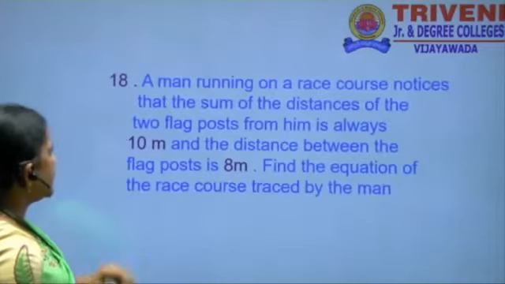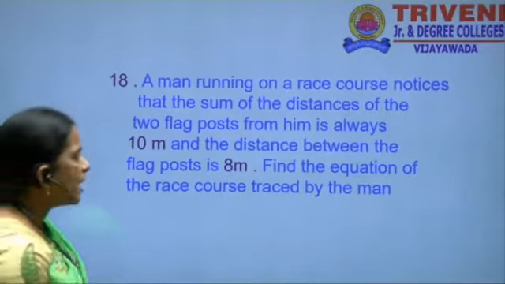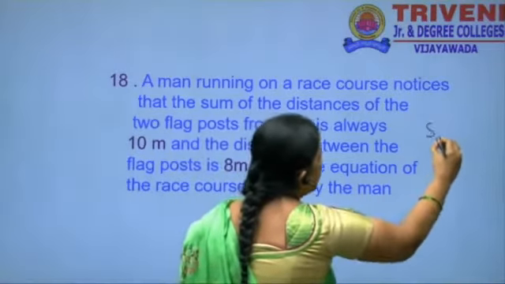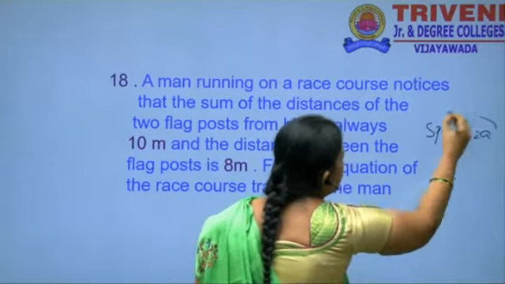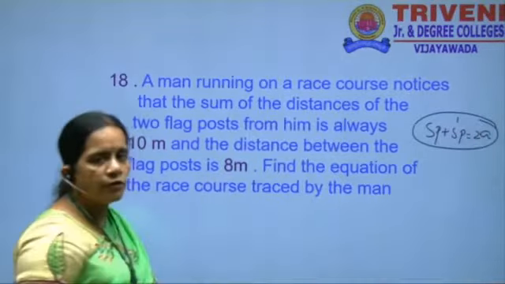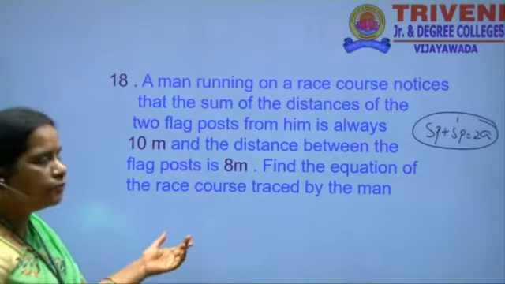And then the next problem is, SP plus S dash P is equal to 2A. This is the result we have to use in the problems. This is the one problem where we have to use that result.